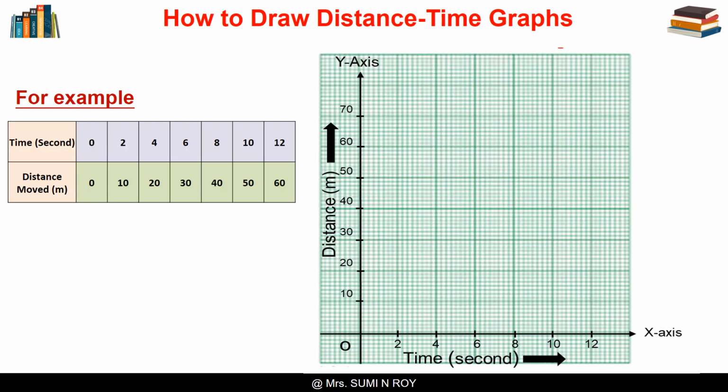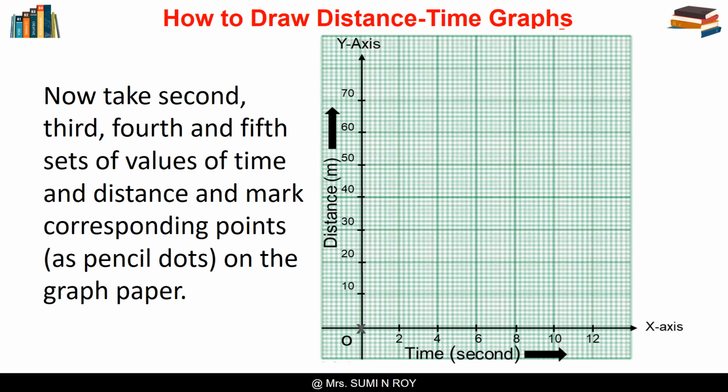From the given reading, take the first value of distance and time and mark 1 point on the graph paper where the graph lines representing these two values meet. Now take second, third, fourth and fifth set of values of time and distance and mark corresponding points on the graph paper.